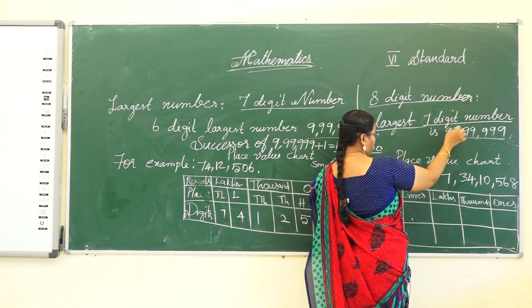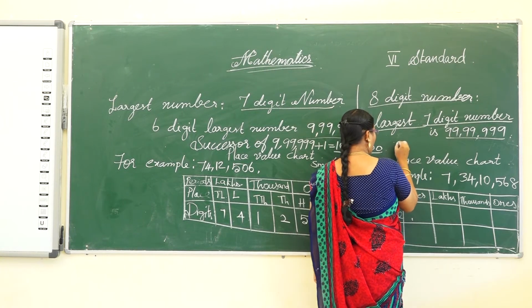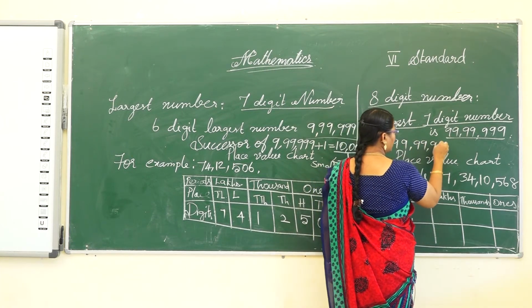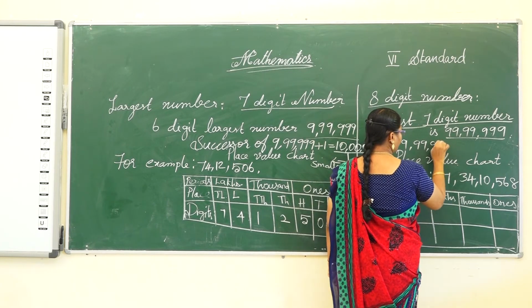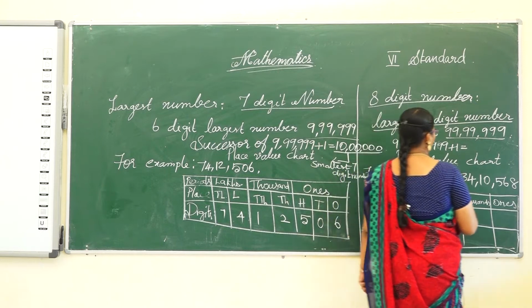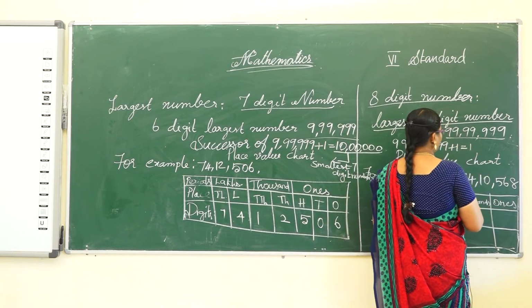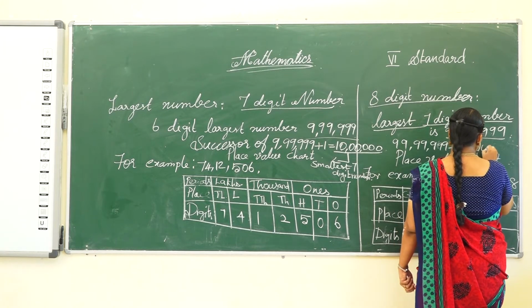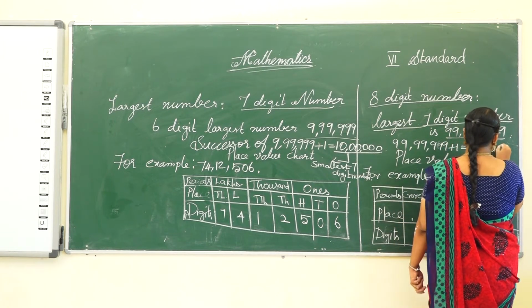So add 1 with this number and we get 1 crore.